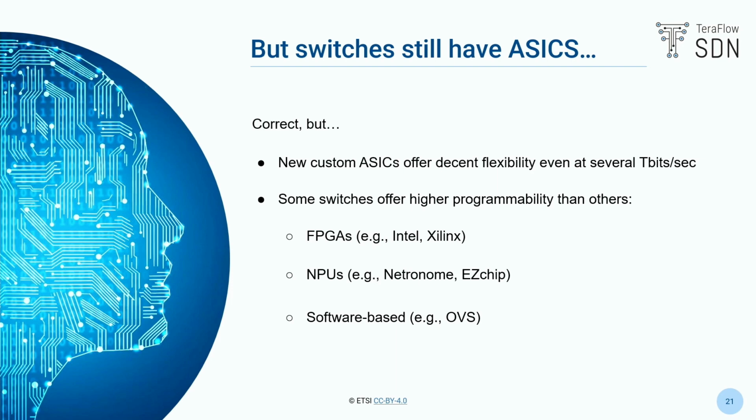So a lot of vendors out there construct smart NICs or switches out of FPGAs, specialized NPUs, like those by Netronome, for example, or even software-based initiatives like OVS and others, which try to offer a lot of flexibility in the hardware or in the software, which is even more flexible, at very high speeds. So P4 can take advantage of those and provide a lot more flexibility than OpenFlow could do.